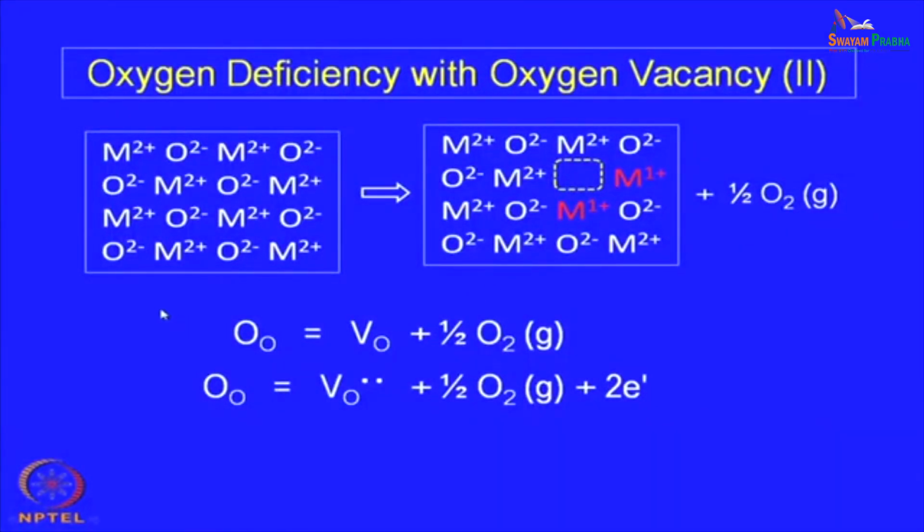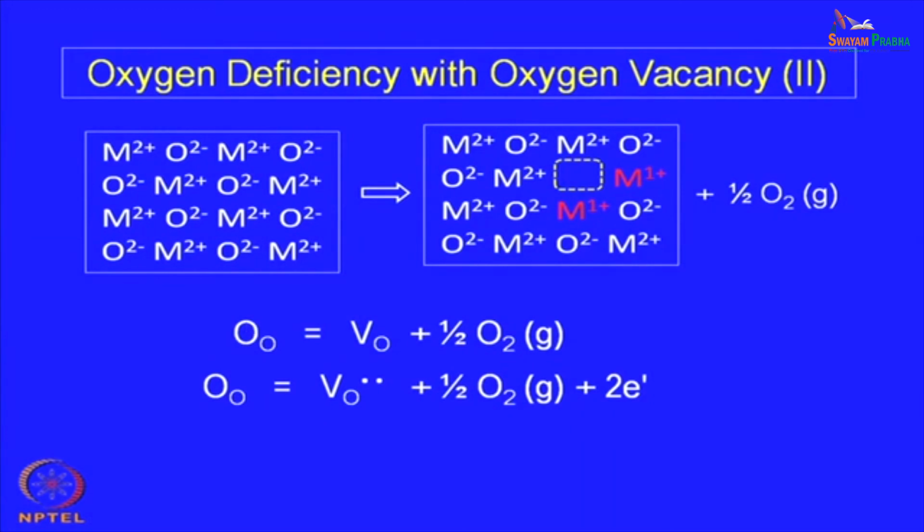When we talk about charge defects, this was the neutral defect situation, and now this has happened. There is no question of charge on this side. However, this oxygen is balancing this oxygen, because on both sides the mass balance has to be there as well as the charge balance.